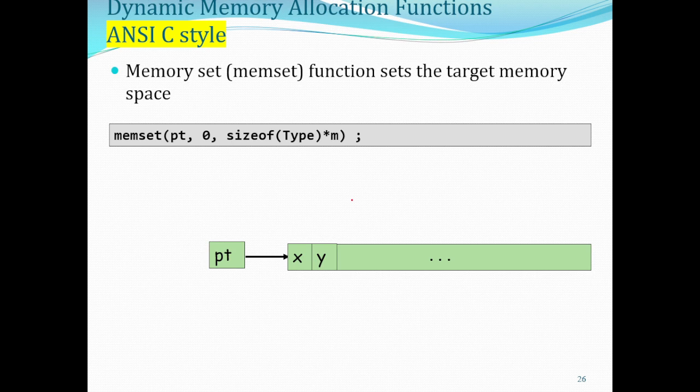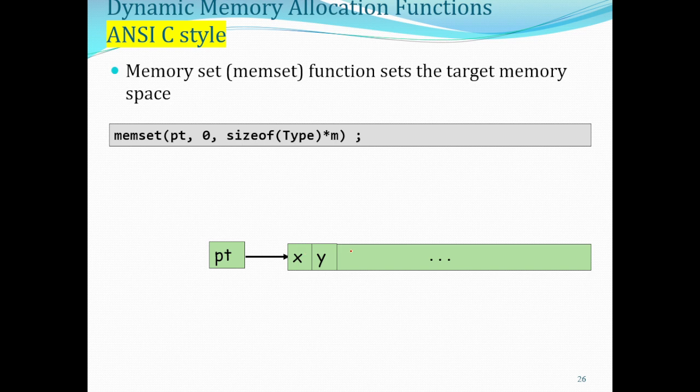Okay. So thank you. Memset function. When we allocate a space during runtime, we usually reset the space. What it means is, when we allocate the space, in that space we have some junk data.